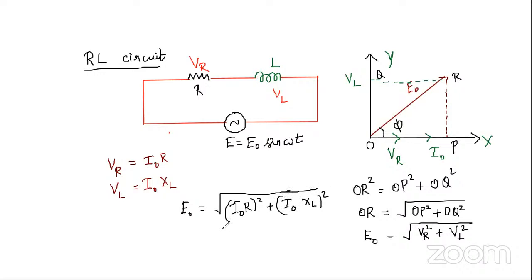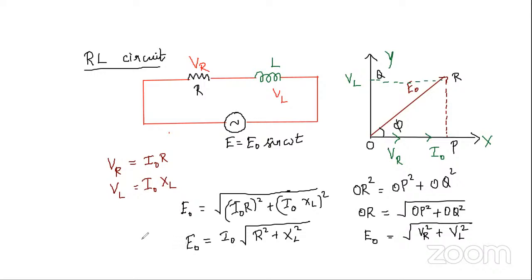Among both these terms, you can take I naught as common. So within the square root, R squared plus XL squared, you will be getting for E naught: E naught equal to I naught into root of R squared plus XL squared.